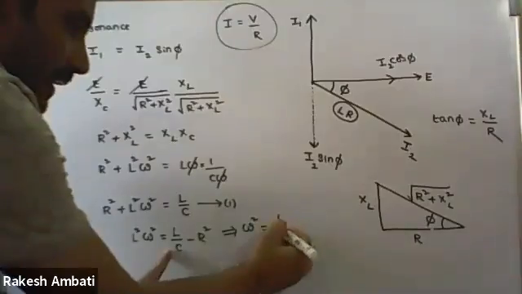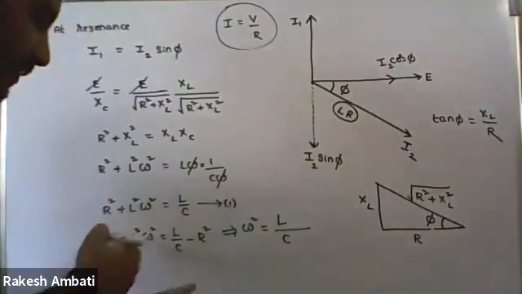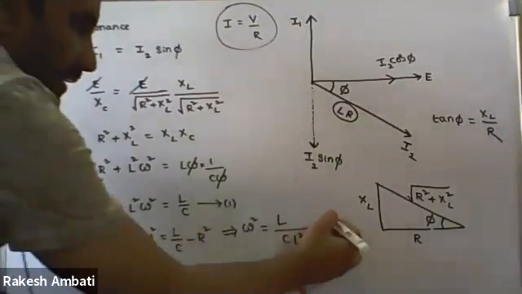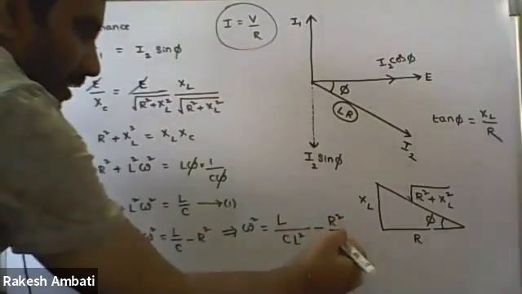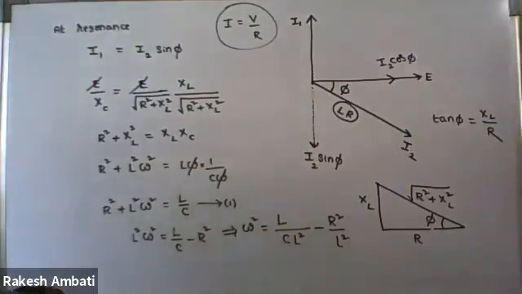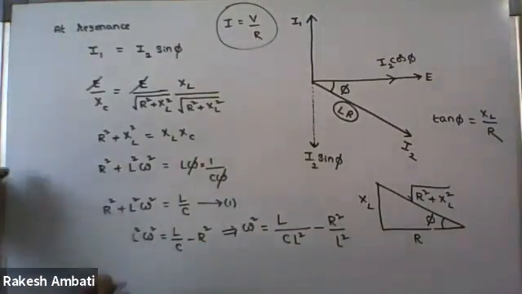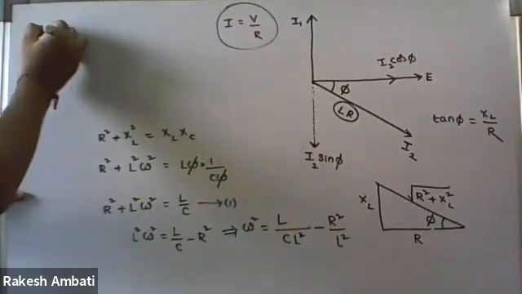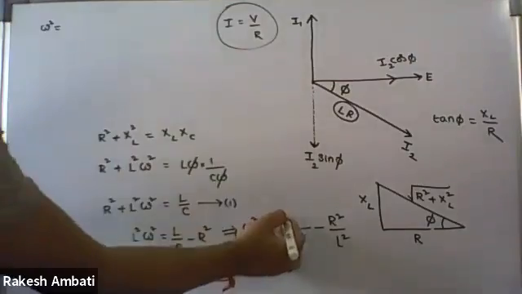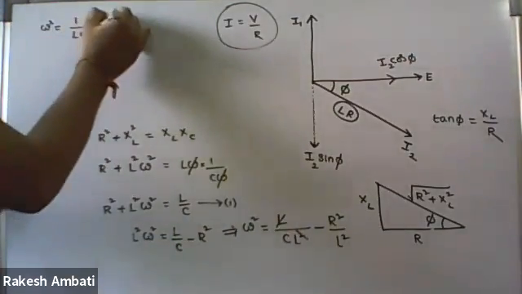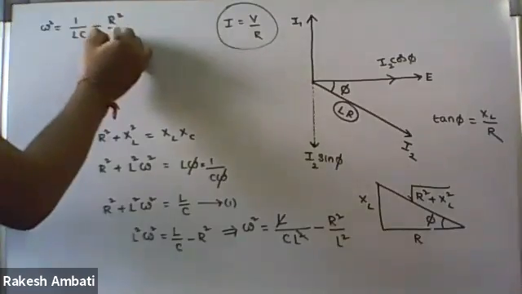So it is L upon C divided by L square, minus R square upon L square. One L value cancels out. Then we get omega square equal to 1 upon LC minus R square upon L square.